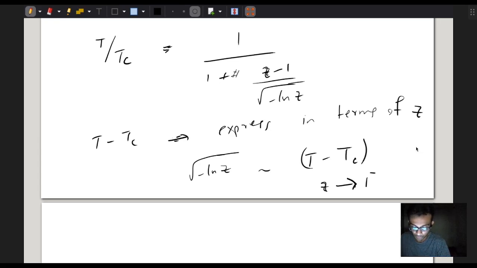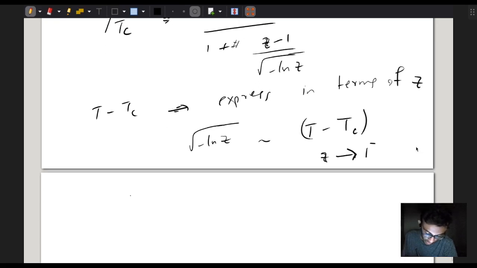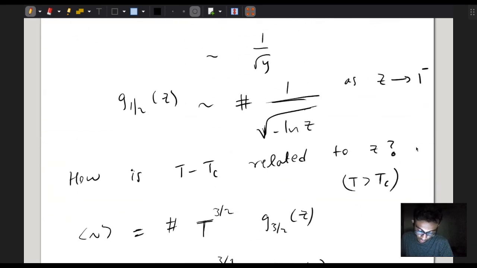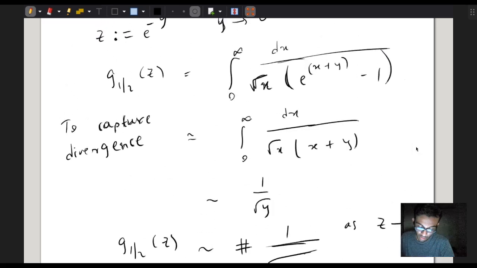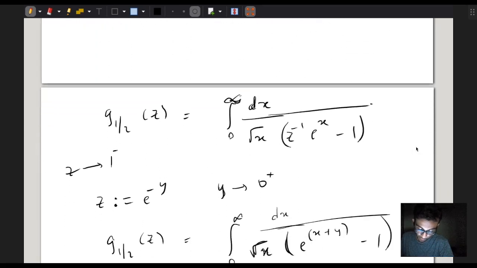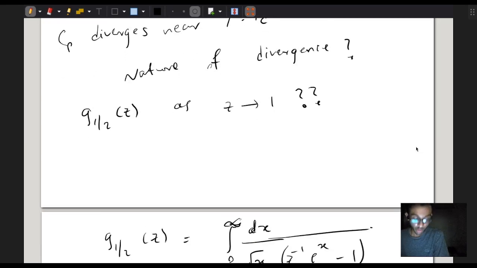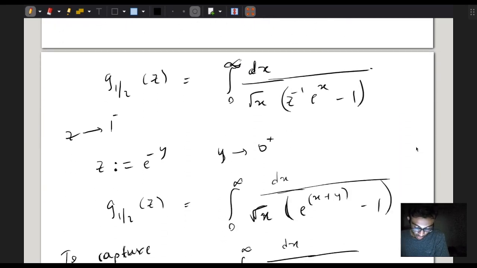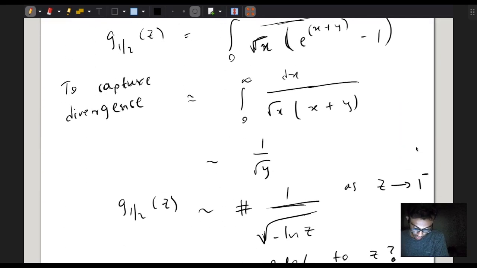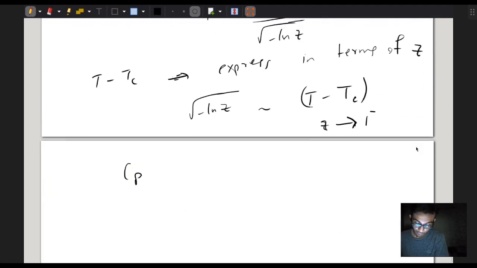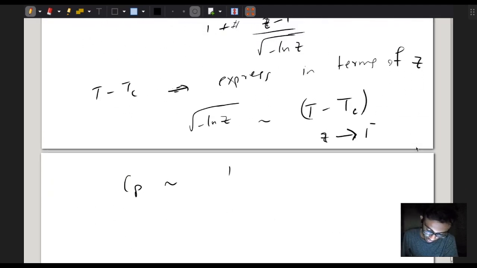So that means that finally our heat capacity has this g1 by 2 of z dependence or divergence. So that is 1 by square root of minus log z. So this goes as 1 by t minus tc.